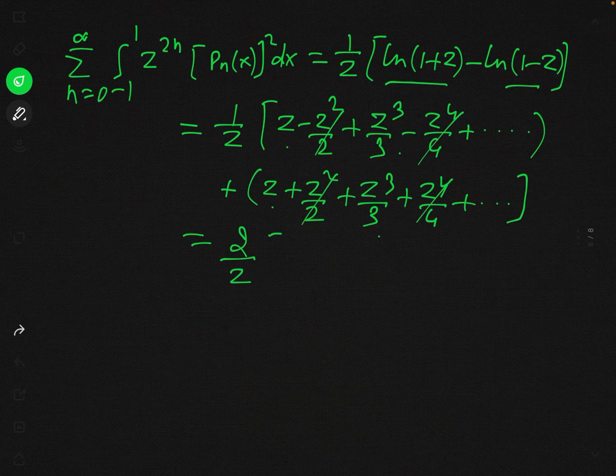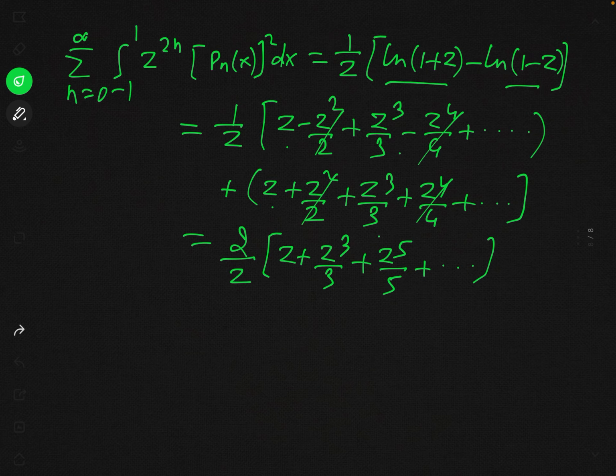So this will be 2 over z into z plus z cube by 3 plus z to the power 5 by 5 and so on. You can see. Now actually we can take one of the z as a common factor.